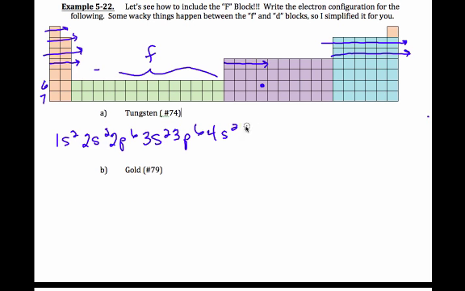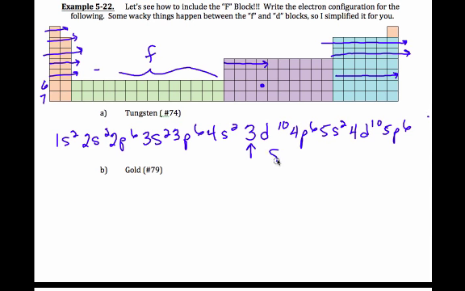Remember, you go down 1 when it's D, so since it's period 4, it's 3d. Going to go all the way through to 3d10. Then it's 4p6. Then it's 5s2, 4d10, 5p6. So we're through here. Then we're at 6s2, which is right here.